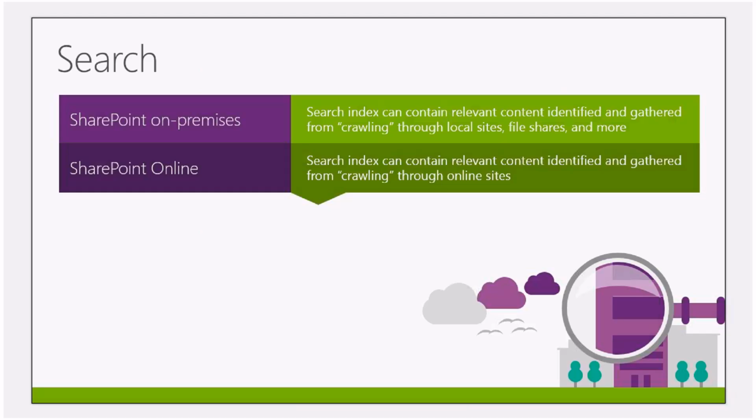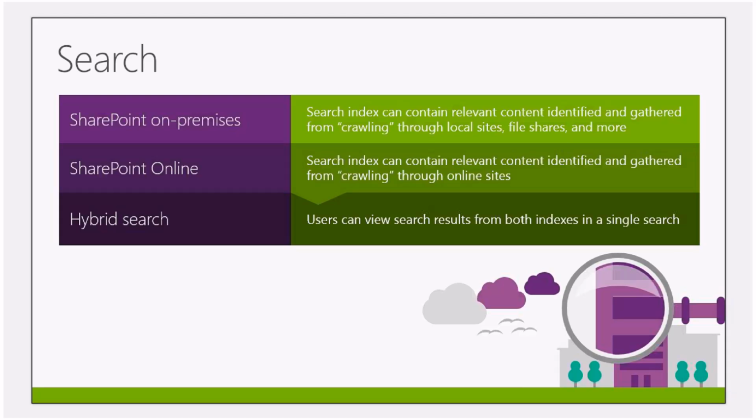We also have search in SharePoint Online. Search in SharePoint Online is inclusive only of content that's stored in local sites in SharePoint Online. So there is no affinity between your online search and any existing on-prem investments or third-party data repositories or file shares or open search locations.